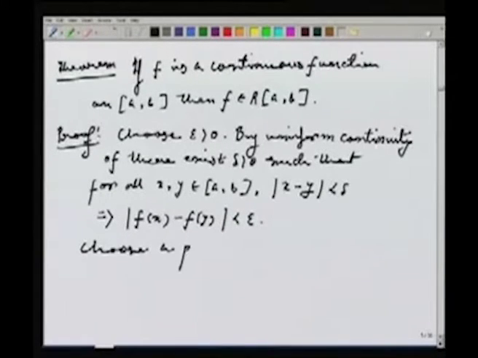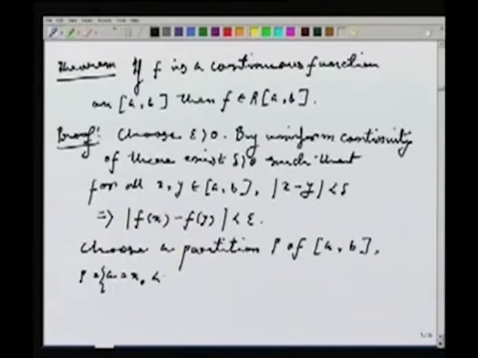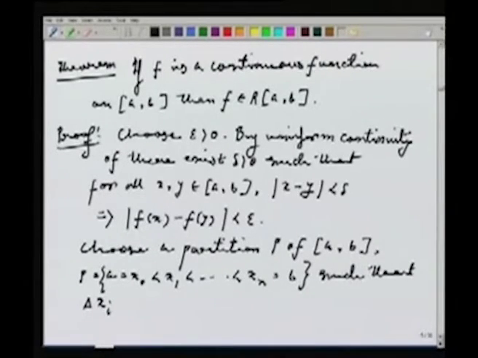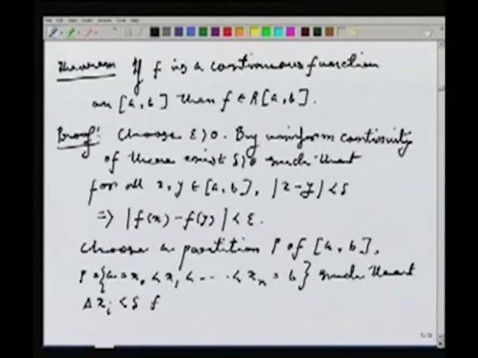a partition P of [a, b]. Let us say P equals the set {x0, x1, ..., xn} with the following property: delta xi, the length of the subintervals which appear because of the choice of the partition, is less than delta for all i.